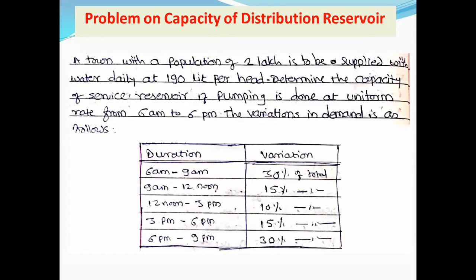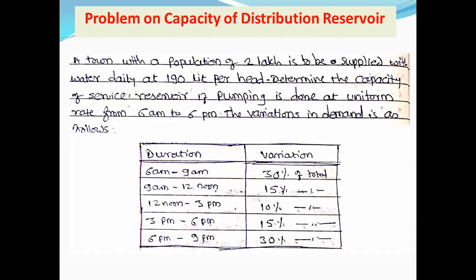Determine the capacity of service reservoir if pumping is done at uniform rate from 6 a.m. to 6 p.m.